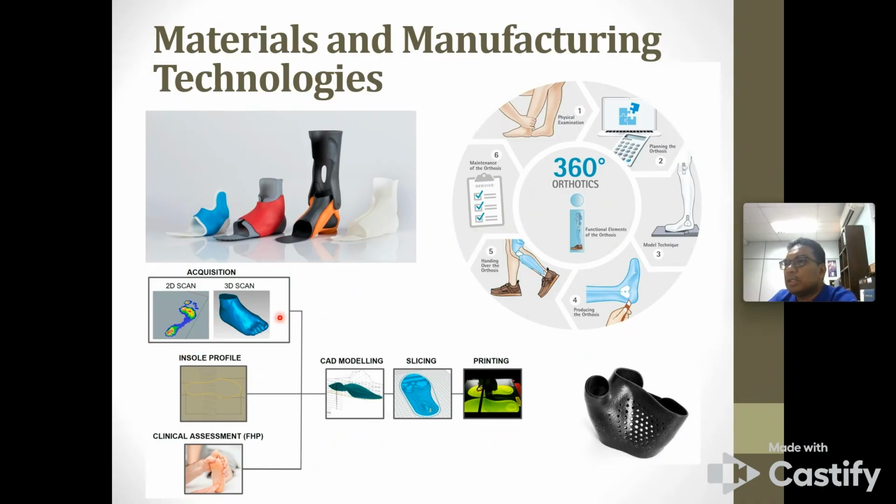Okay, so this is another kind of method that we can use in engineering. We can use a 2D scan, meaning that when you put your leg on a force sensor, you can do pressure mapping to see which contacts have high force. And then you can do some 3D scanning also.